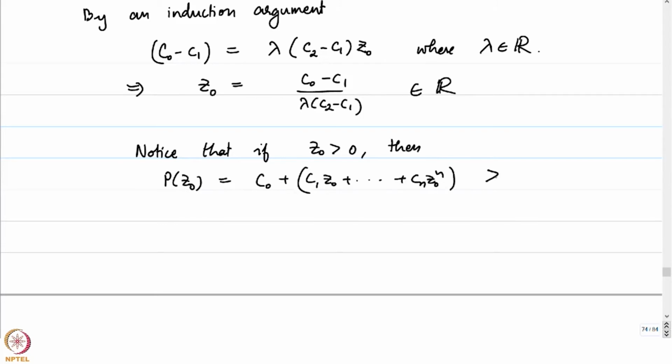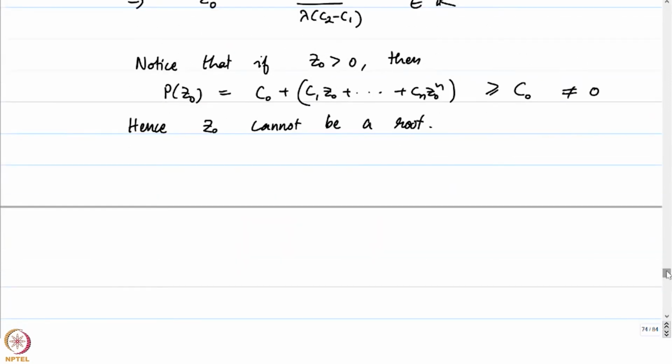And this is greater than or equal to c naught, because whatever is captured inside this bracket is a positive number, and this will never be equal to 0, and hence z naught cannot be 0. Z naught cannot be a root. And what about if z naught is less than 0?